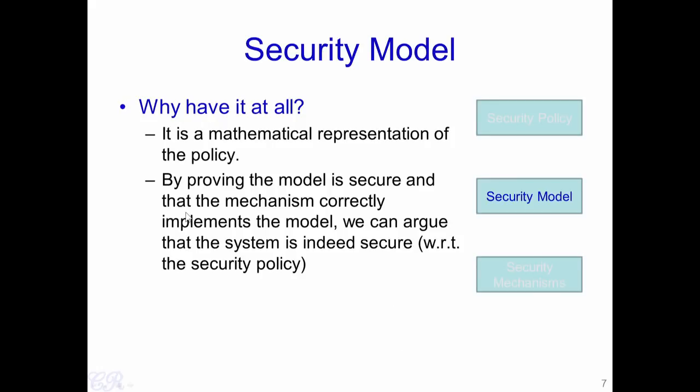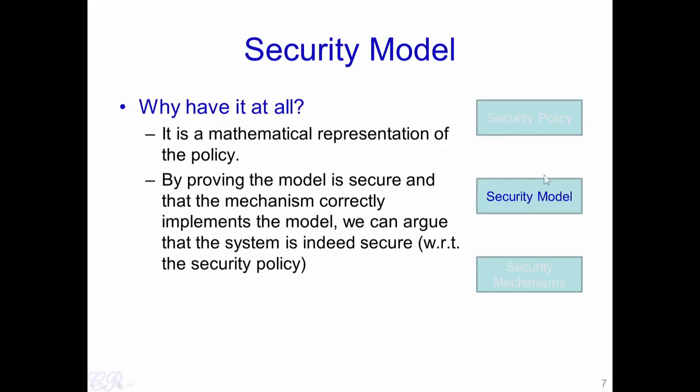Now, let us look at the security model. Why do we need to have the security model at all? Why can't we use the security policy and directly implement security mechanisms? Why do we need to have a security model present in this entire hierarchy? By having a security model, we are able to model the security policy in a lower-level and more formal construct.